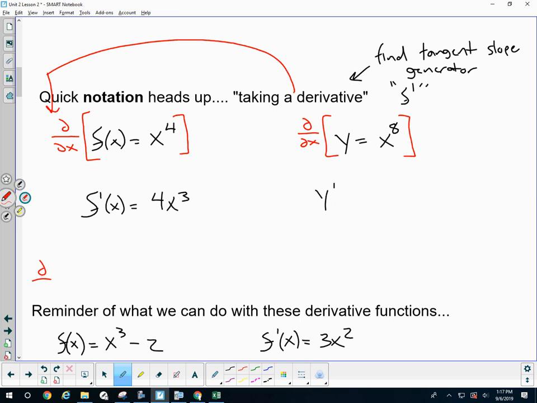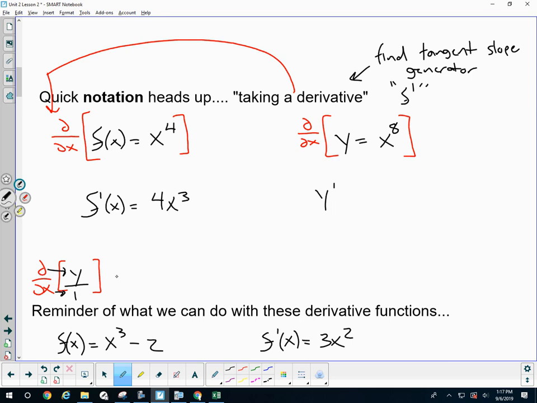We will do the same thing with y, but instead of just saying y prime, I'm going to pretend like I'm multiplying things together. I'm going to take the d and multiply it by y, whereas the dx can be multiplied by the 1 that goes underneath y that we don't see, but it's always there.